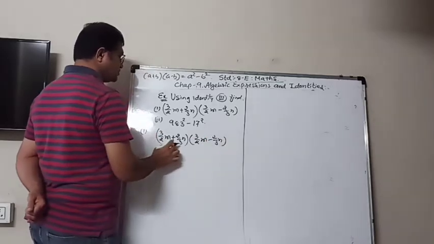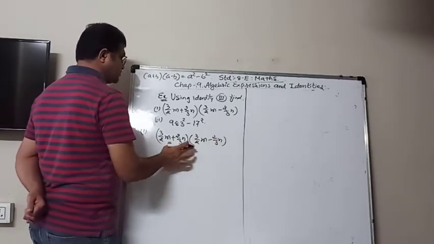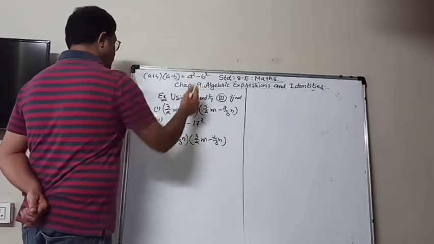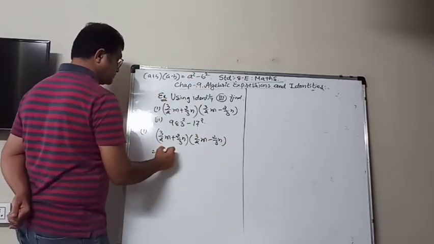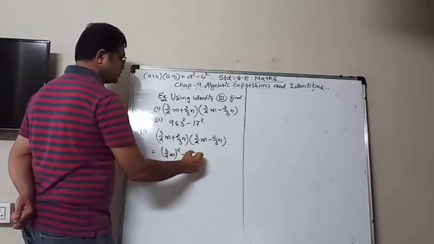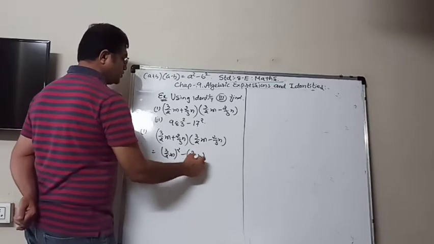So here you can see that both are equal, only the sign is different: a plus b, a minus b. So a square minus b square, what is a here? (3 by 2m) whole square minus (2 by 3n) whole square.